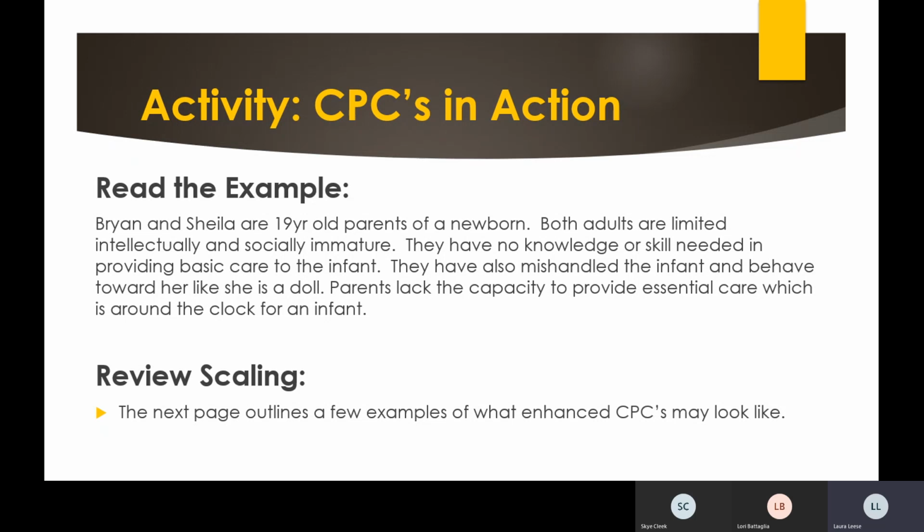You know what? I'm going to tell you, that one's pretty tough because, again, underneath emotional, it is whether or not the parent is able to meet their own needs. It does say here they're intellectually and socially immature, but is it to the extent that they can't meet their own needs for the protection of their child? I'm not sure, possibly.